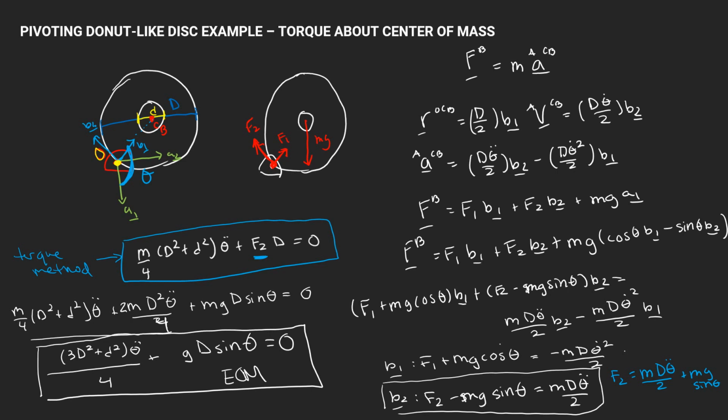And that's why we only needed that one equation there. Whereas in this method, because F2 showed up in our equation, we had to solve for it. F1 didn't show up because technically, if this is your center of mass here, F1 is acting in the direction of our center of mass, and so it's not producing a torque.